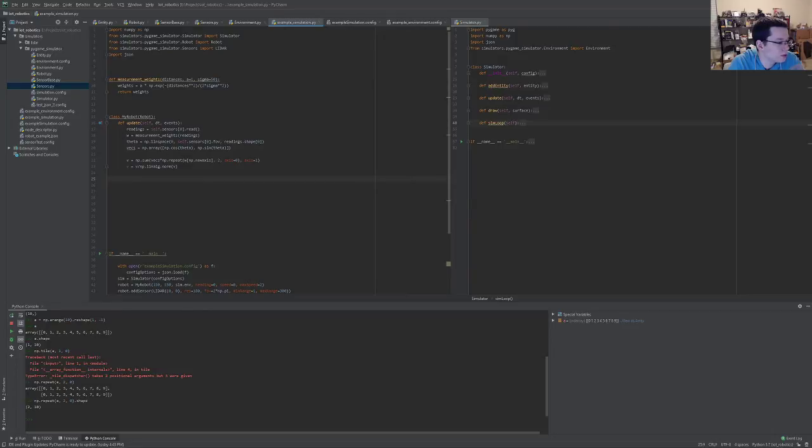So data equals np.tangent? No, arctan2. This is going to be v0, v1.